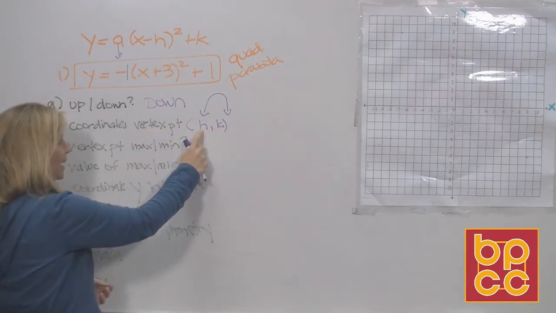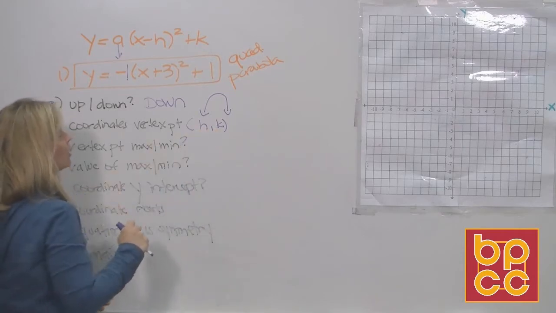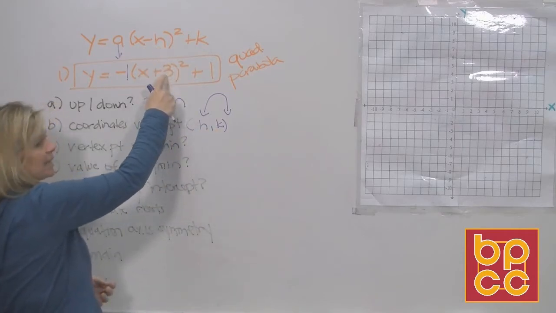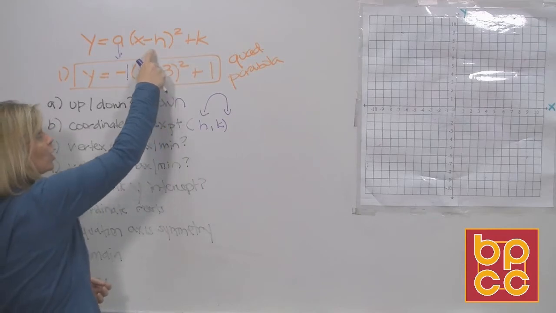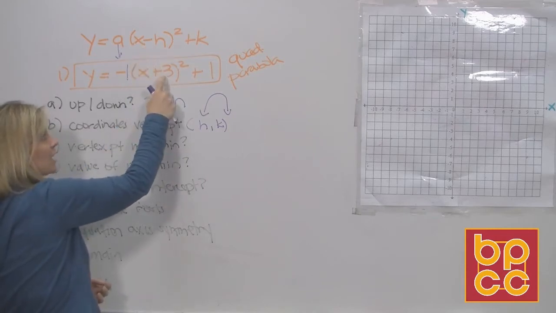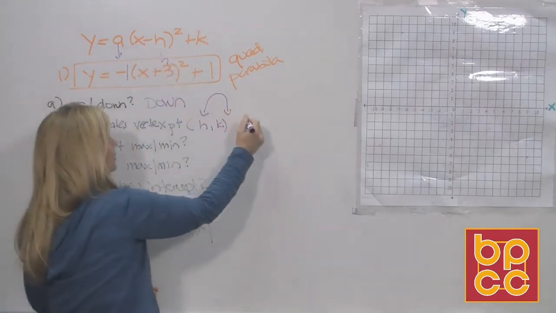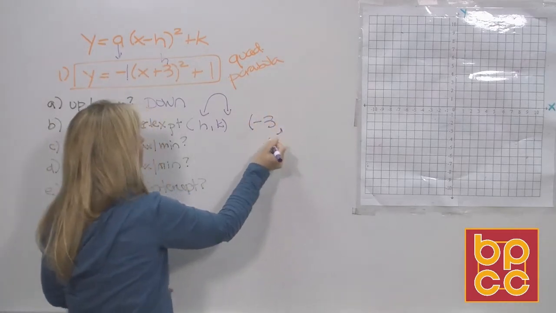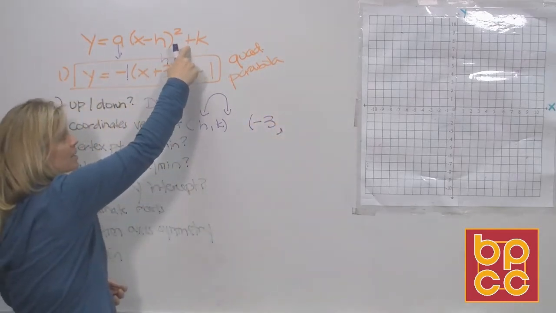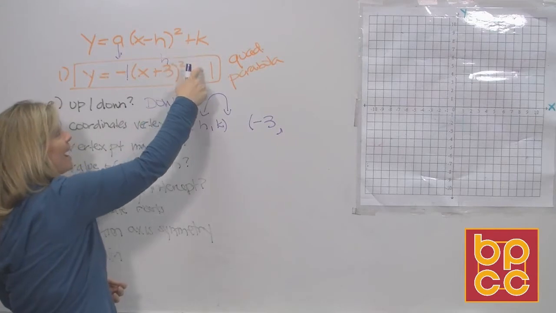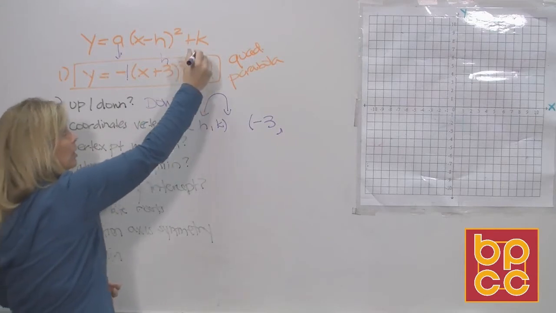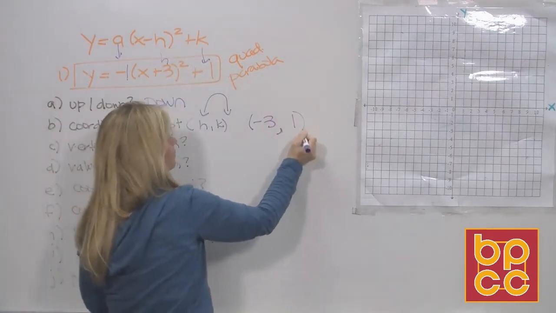H is still with x, k is by itself. The h value is going to be the opposite of what you see, because of that minus sign. So the h value is not 3, it's -3. The k value has a plus in front of it, so the k value is going to stay the same. So the k value is 1.